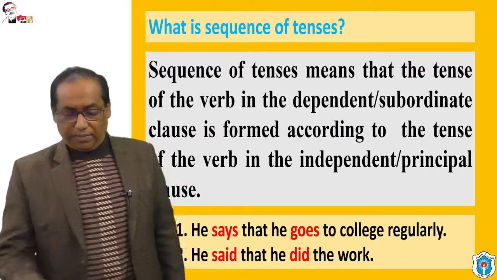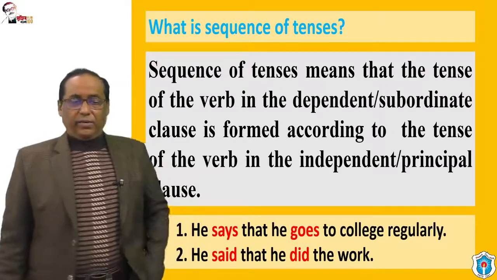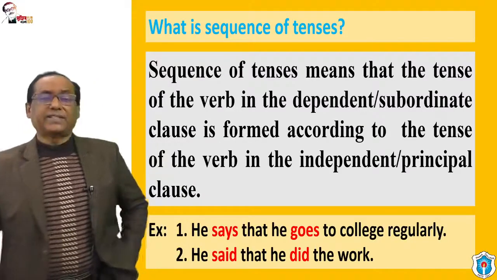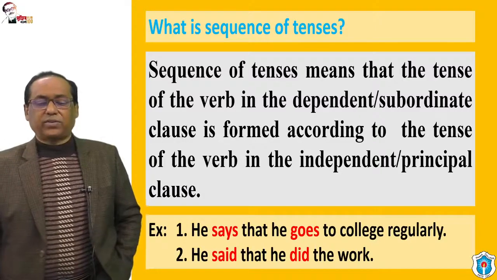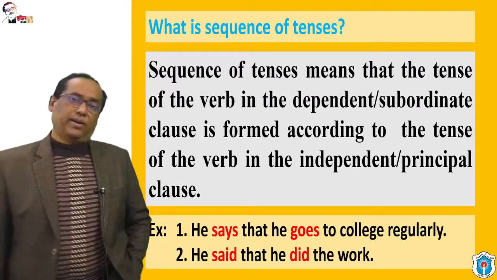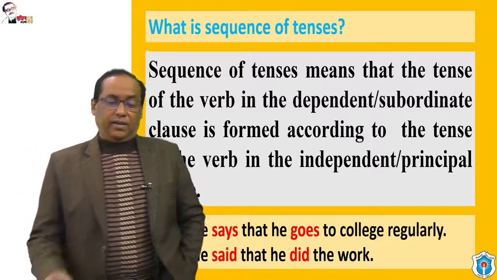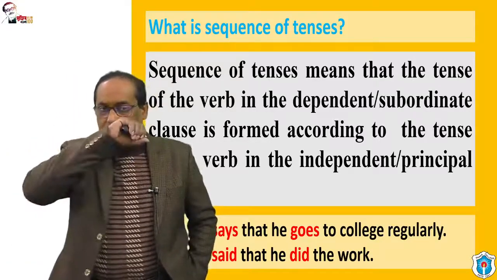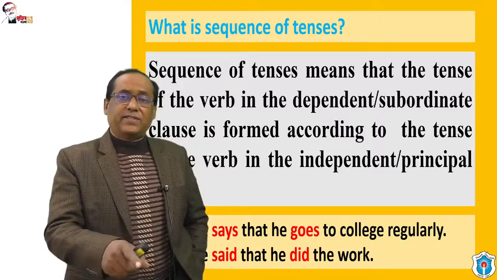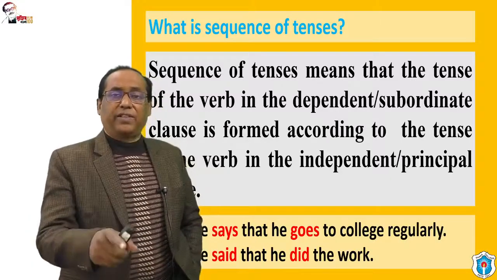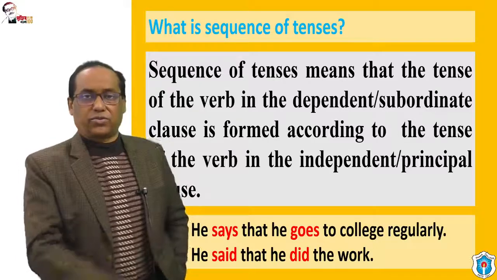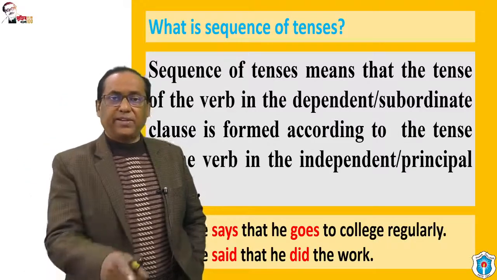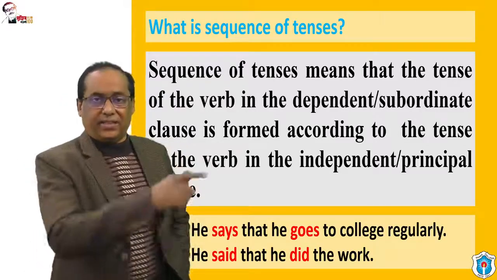As for example, you can see, he says that he goes to college regularly. You can see, says is the verb in the principal clause, all right, and it is in present tense.